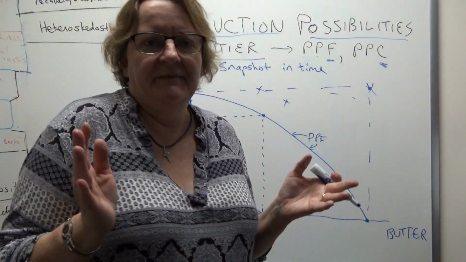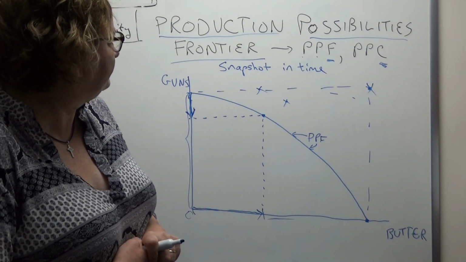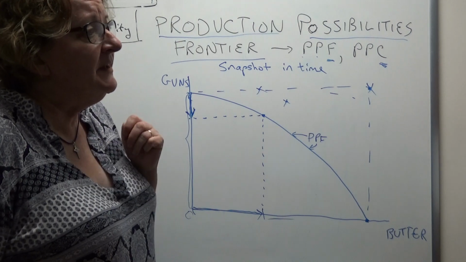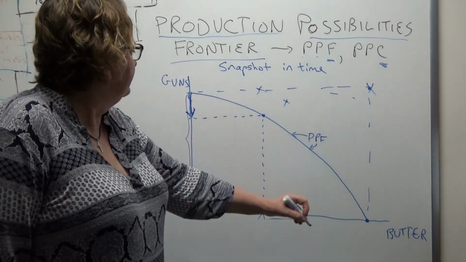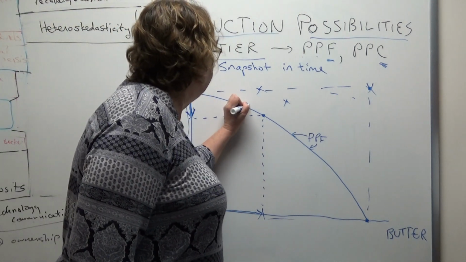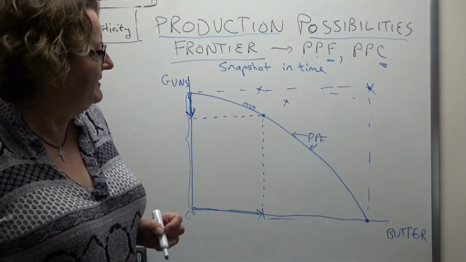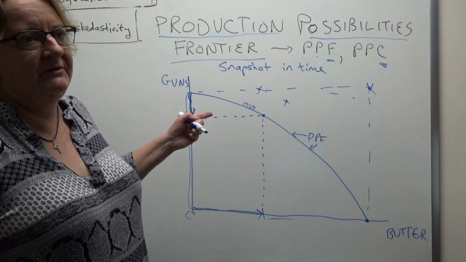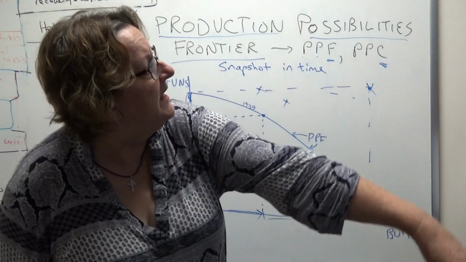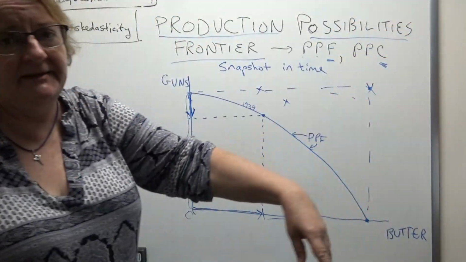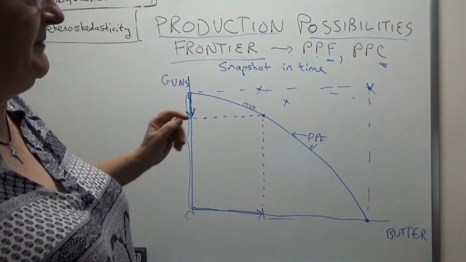If I was going to tell you that this represents the, let's say, 1939 PPF for the United States, the one in 2017 or 2018 would be humongous, it would be out past the edge of the picture, probably past the roof of this building.